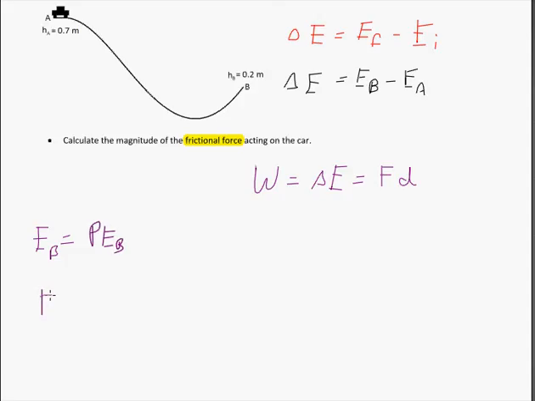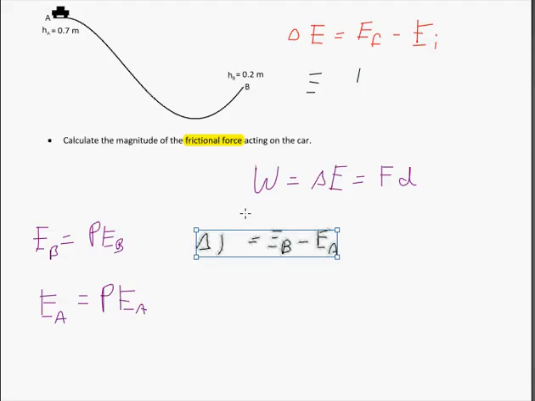And for your EA, or your ETA, if you want to be very, very exact, you just have PEA. So I'm left with this. When I take this formula right here, I'm missing a couple of things, but that's fine. I'll add them in a second.